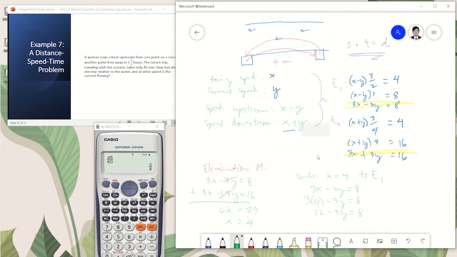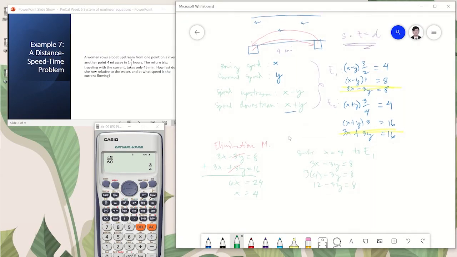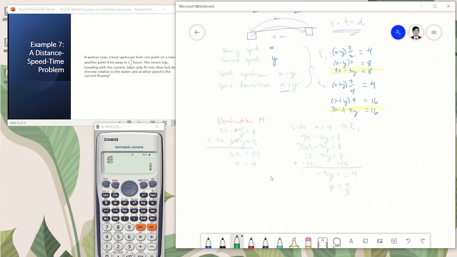Then add negative 12 in both sides. You will get negative 3y equals negative 4. Then divide both sides by negative 3. So y is equal to 4/3. So there you go. We already have the answer.